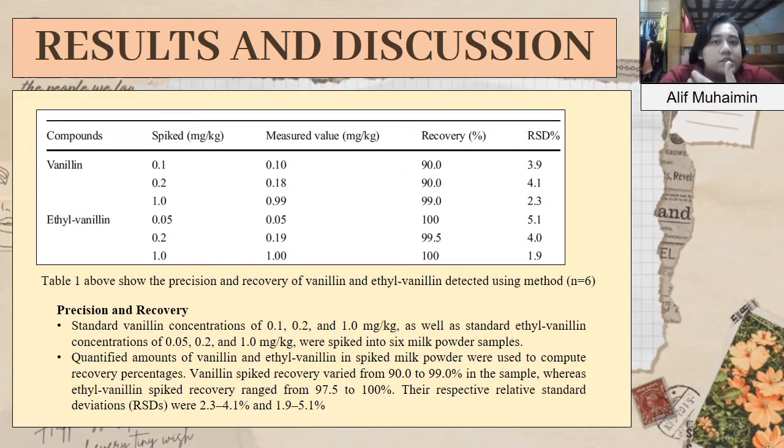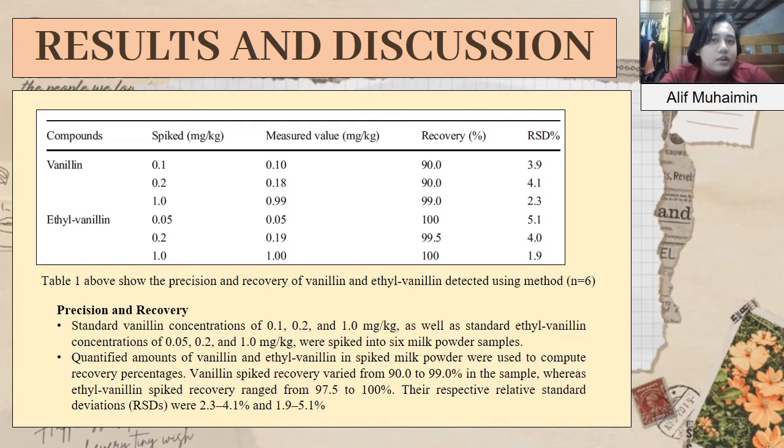The spiked samples were examined after being pre-treated using the sample preparation technique. The quantified amounts of vanillin and ethyl vanillin in spiked milk powder were used to compute the recovery percentage. Table 1 summarizes all the findings. Vanillin spike recovery varied from 90.0 to 99.0% in the samples, whereas ethyl vanillin spike recovery ranged from 97.5 to 100%.